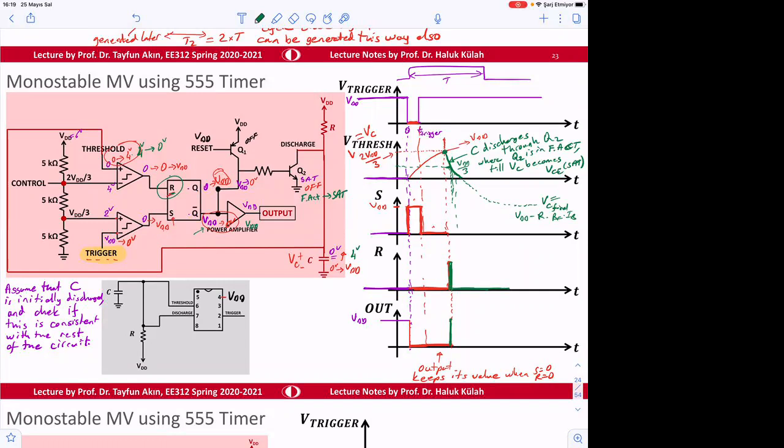And meanwhile, the output switches back to VDD and then remains in there. And then S will remain in here anyway. Okay, so this will be remaining in here until the next trigger comes.